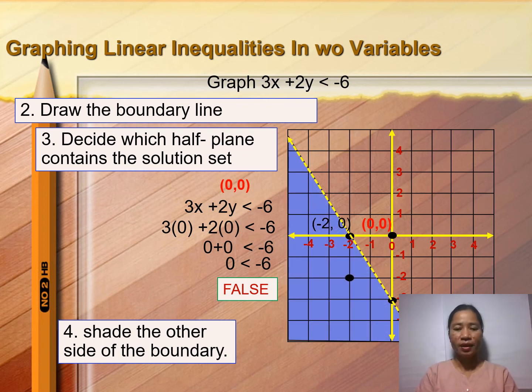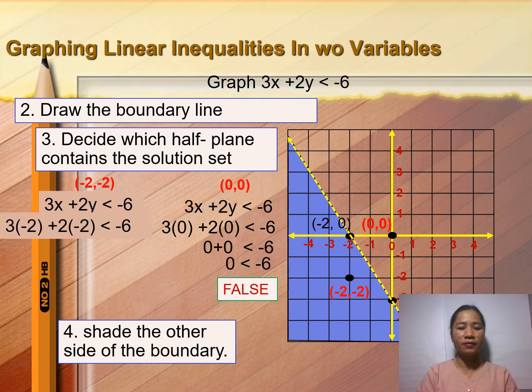Okay? Let's try negative 2, negative 2. Okay, so 3x plus 2y less than negative 6. Replace the value of x and y by negative 2. We have now 3 times negative 2 plus 2 times negative 2 is less than negative 6.